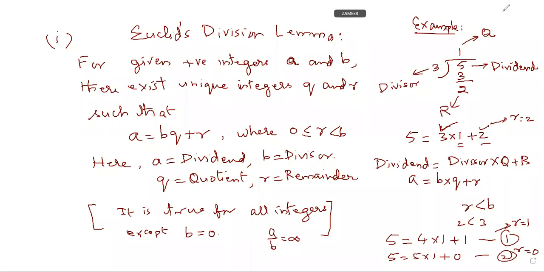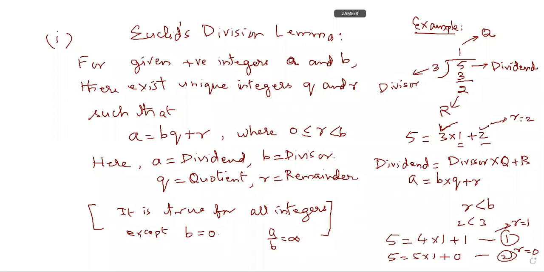Your first exercise, first question is: find the HCF by using Euclid's division algorithm. This is a lemma. When this lemma is used to find the HCF in a stepwise procedure, it becomes an algorithm, so don't get confused. In the question you will find: use Euclid's division algorithm to find the HCF of two numbers.